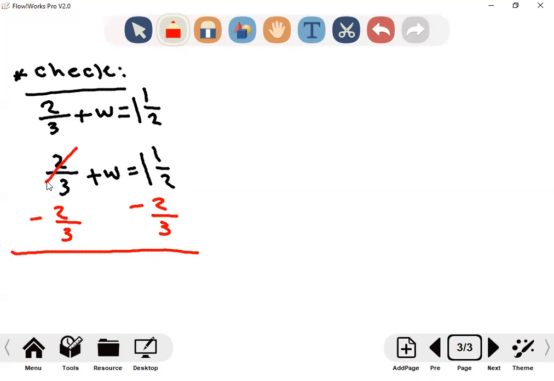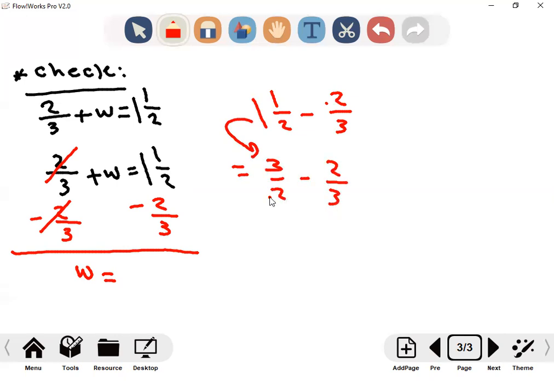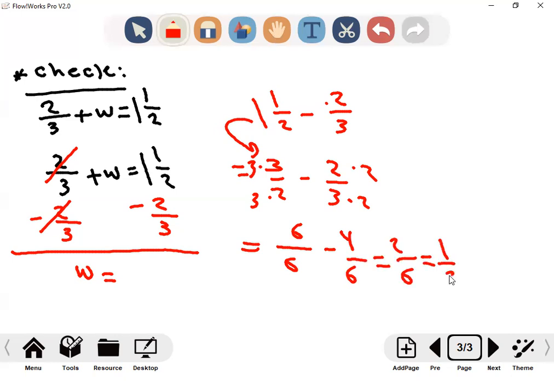We put a line. These are gone, right? And here is still W equal. And we will go aside and calculate the other side. We have 1.5 minus 2 over 3. Turn this to a fraction: 2 by 1, 2 plus 1, 3 over 2, minus 2 over 3, times 3 and times 2 to make like denominators, right? This is equal 6... 6 minus 4 over 6 means 2 over 6 means 1 over 3.